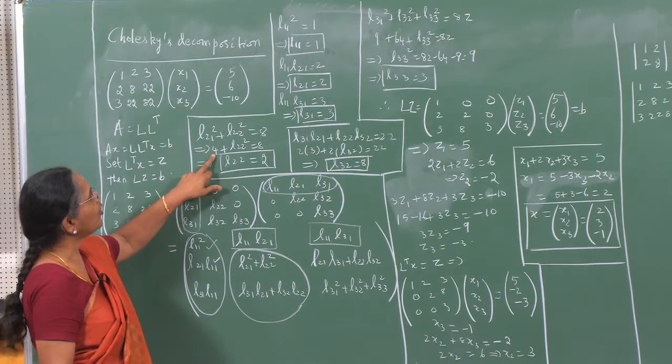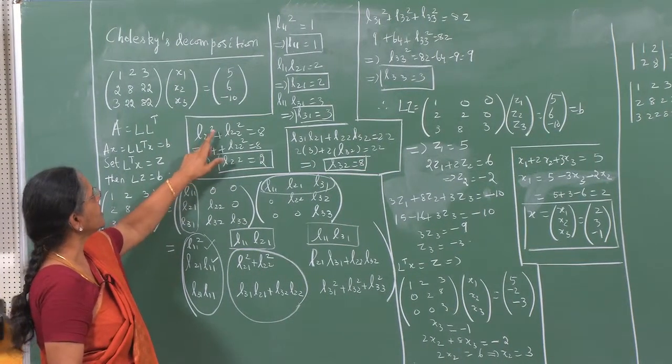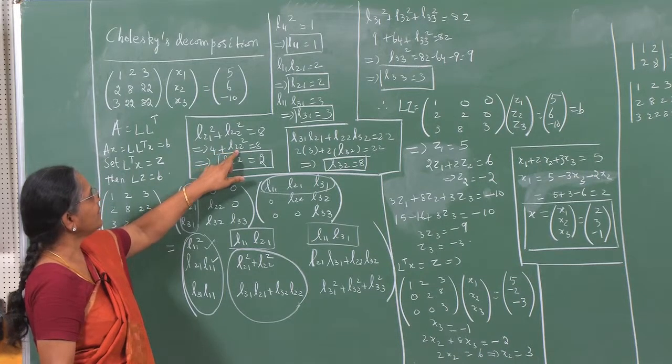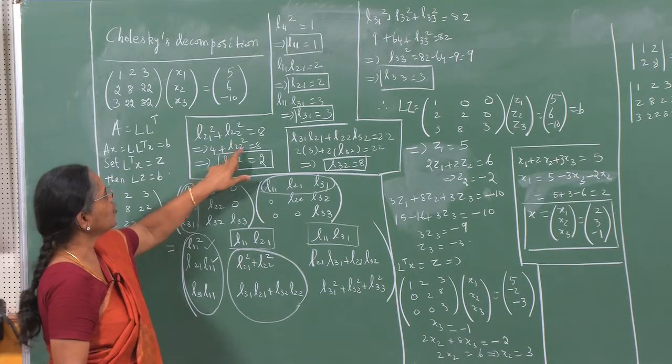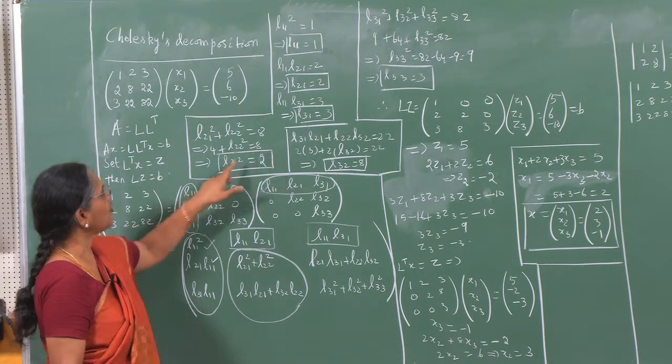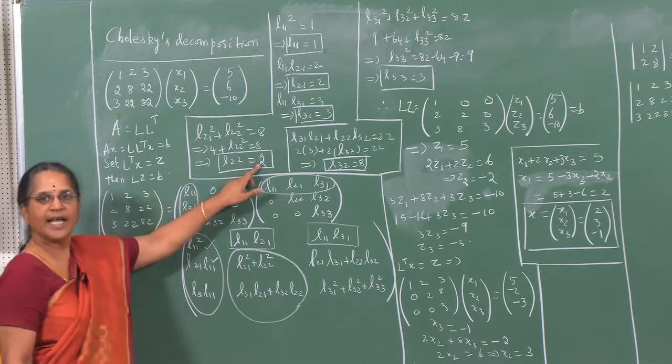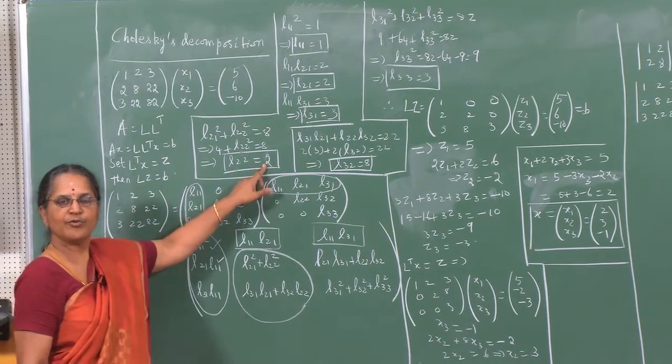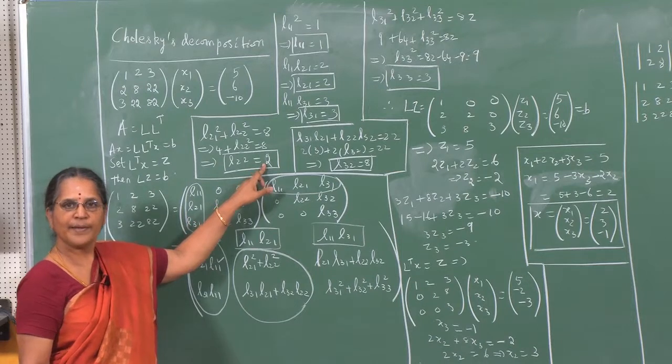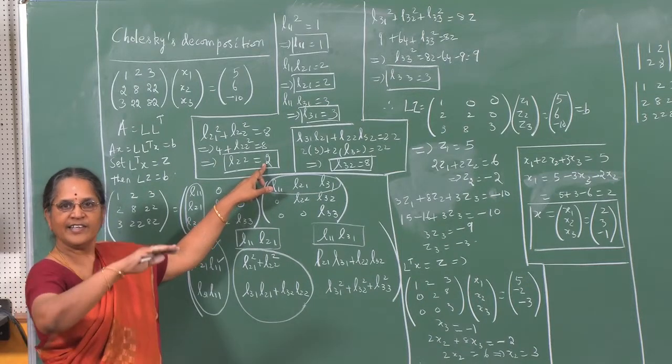L21 is already known, which is 2, and so L21 square is 4, and so this immediately gives you L22 square to be equal to 4. So, L22 is 2, again we take the positive square root because L22 appears as a diagonal entry in the second row.